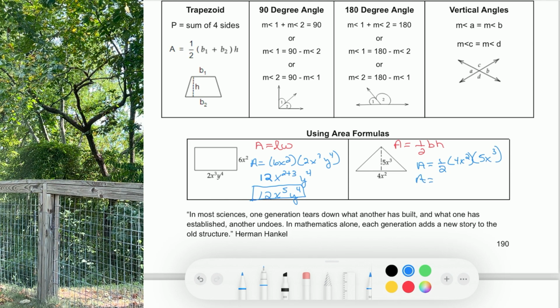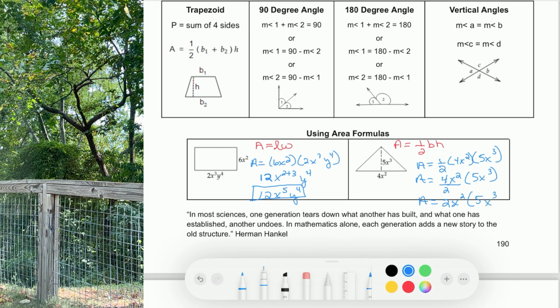A equals, that 1/2 times that 4x squared becomes 4/2x squared. And then that's going to be multiplied against that 5x cubed. I'm going to go ahead and reduce my 4/2. That becomes 2x squared times 5x cubed.